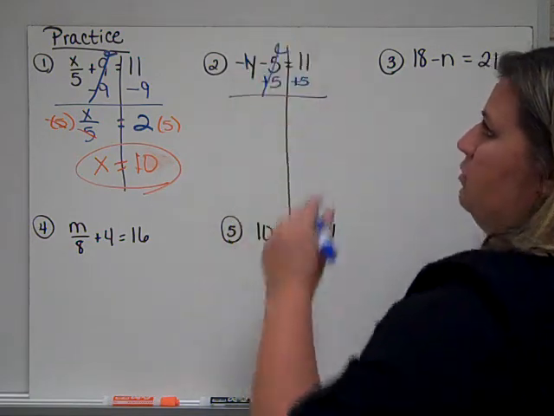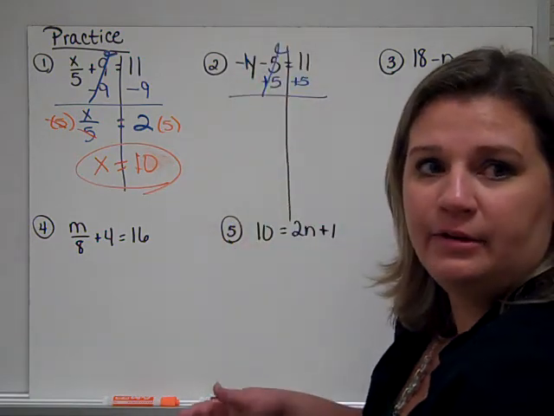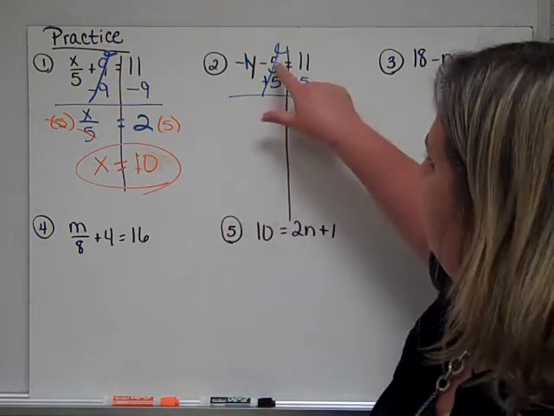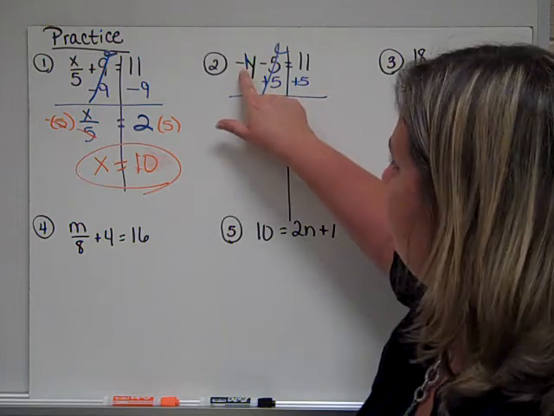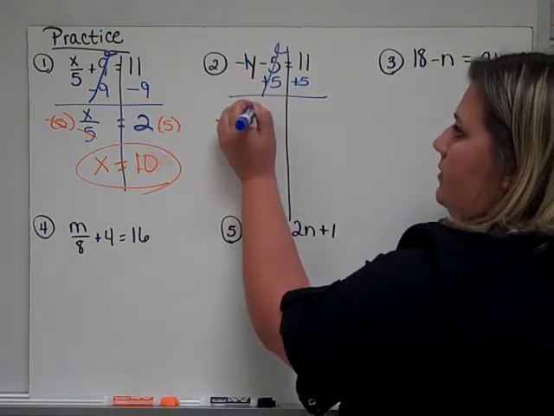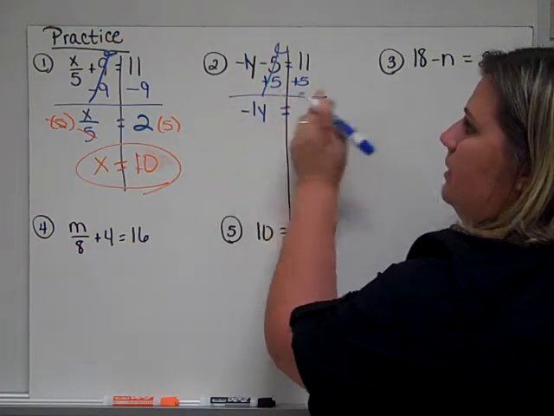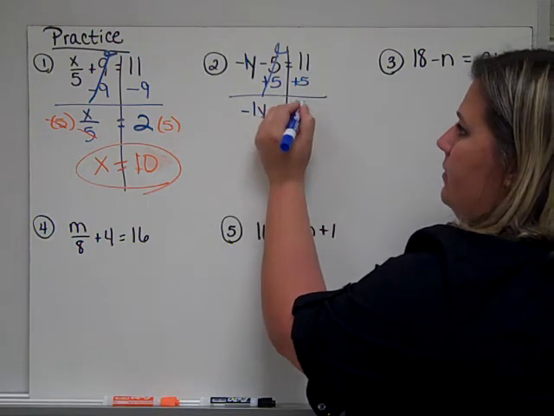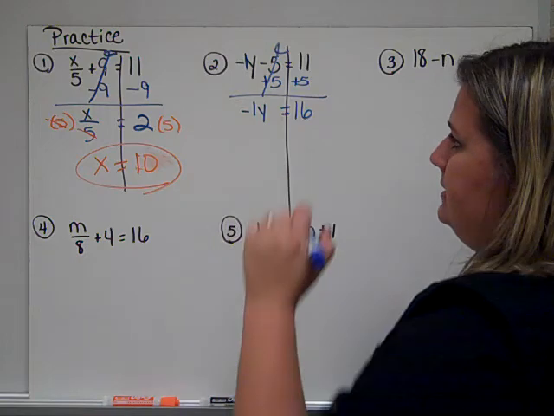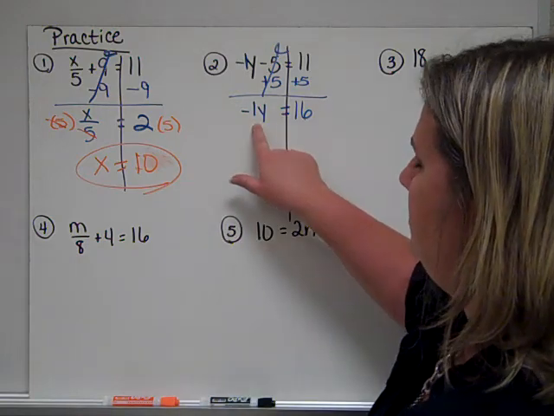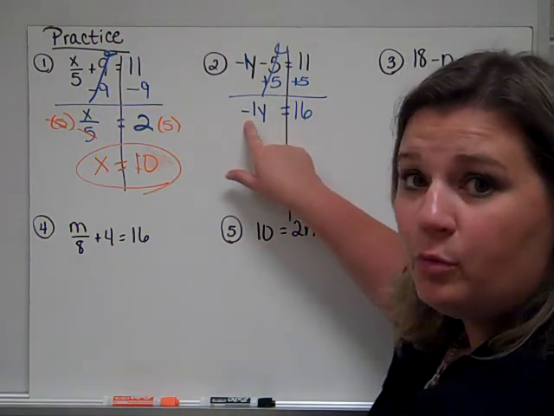Remember, once I'm ready to add 5 to both sides, negative 5 and positive 5 add up to 0. Negative 1y comes down, and 11 plus 5 is 16. Now remember, this is the piece where we have multiplication, so the coefficient is negative 1.